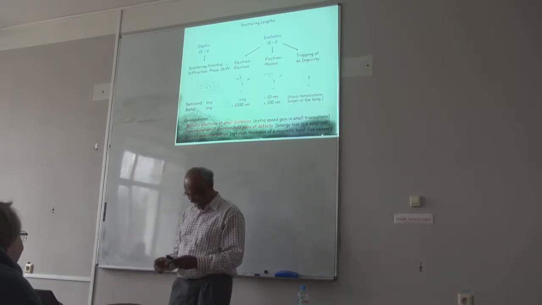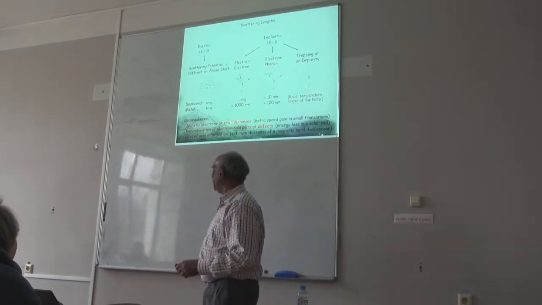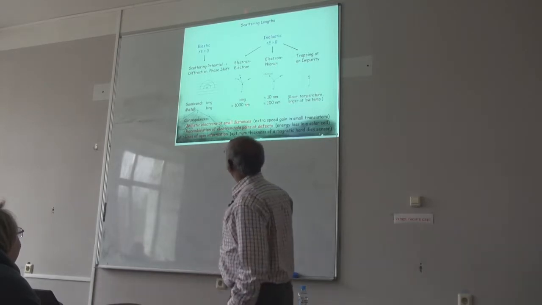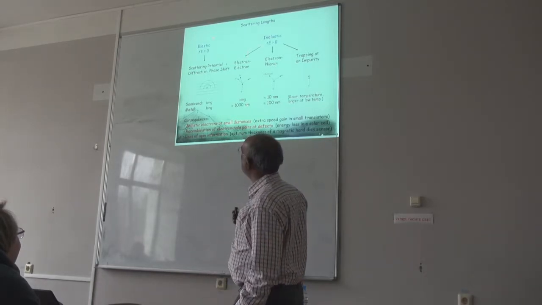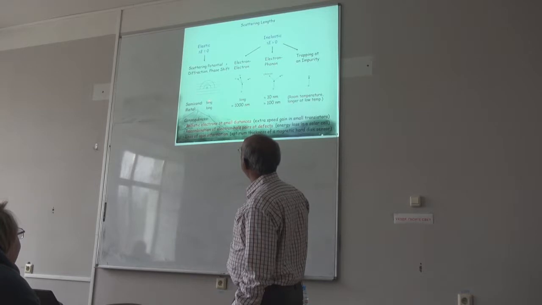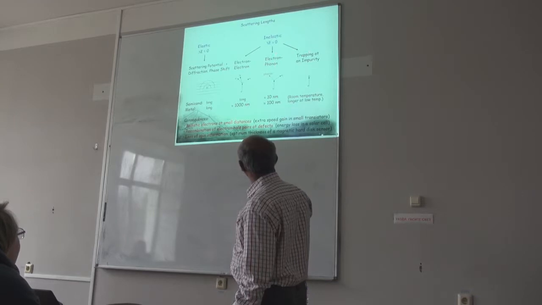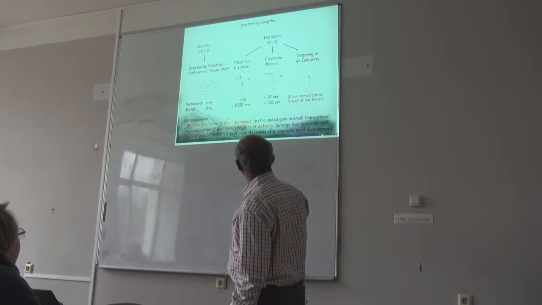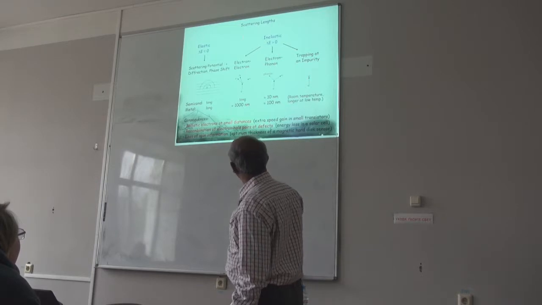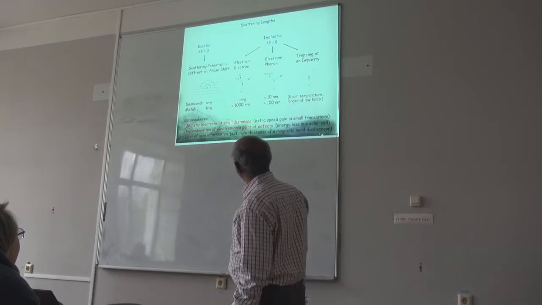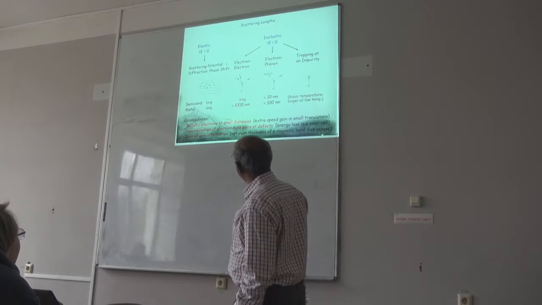You understand almost everything. Then also there are some scattering lengths. If you go from elastic scattering, in inelastic scattering you can have electron-phonon scattering, also electrons getting trapped in impurities. They all have something called scattering lengths. They are also in the nanometer scale, but at much higher length scales.